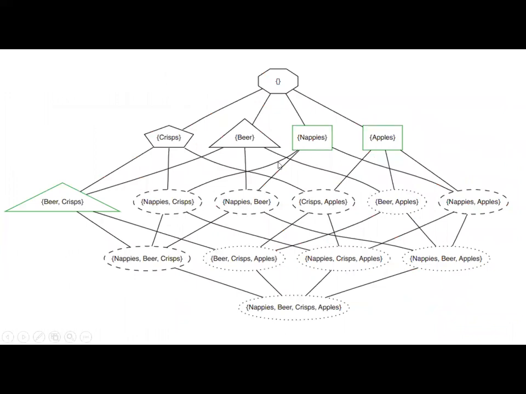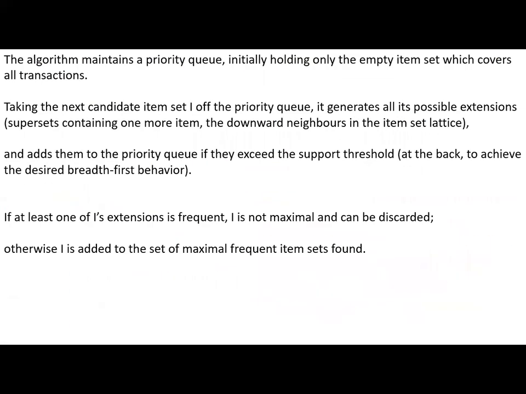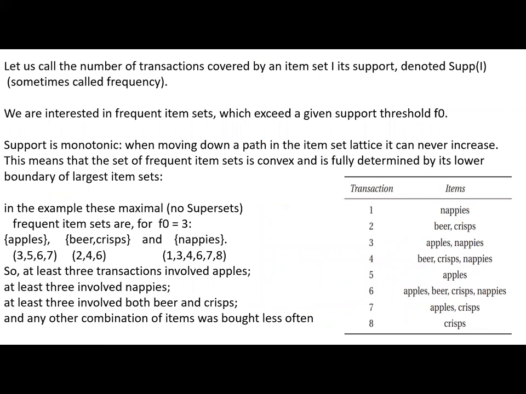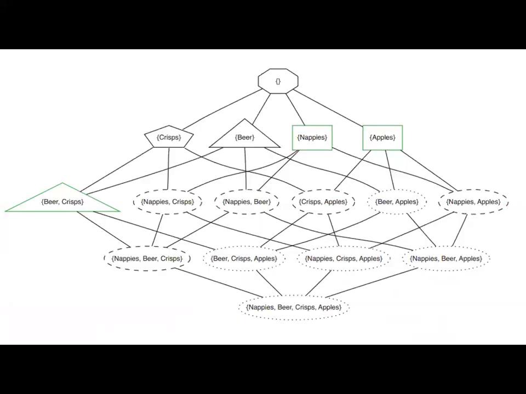You can see the total display of this particular thing. 16 item sets. Now these are single items, 2 items, then 3 items, and the last one is 4 items.